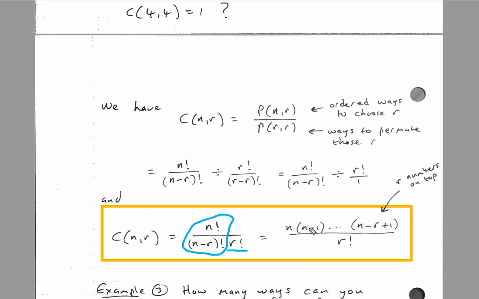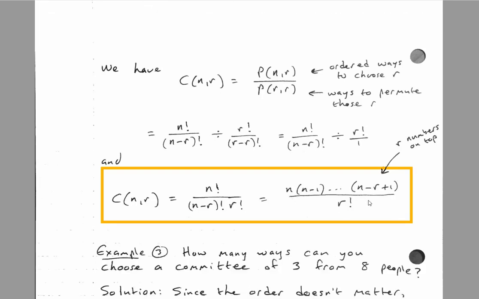So we're multiplying r numbers on the top, starting with n and going down. So just slightly more complicated. We have an extra r times (r minus 1) dot dot dot down to 1 on the bottom.